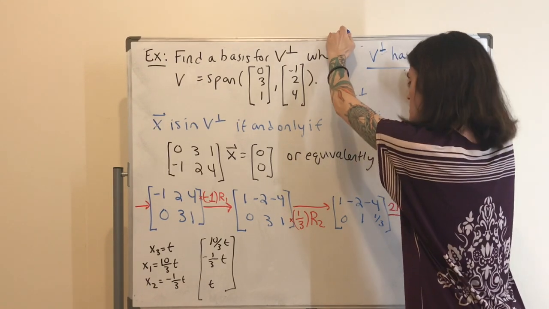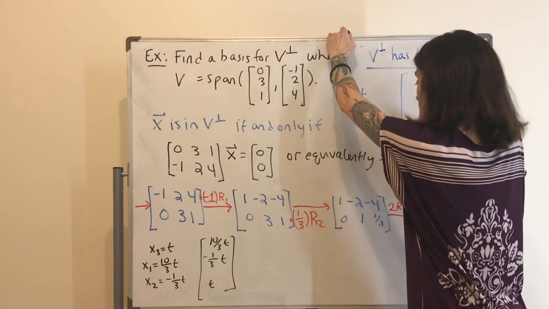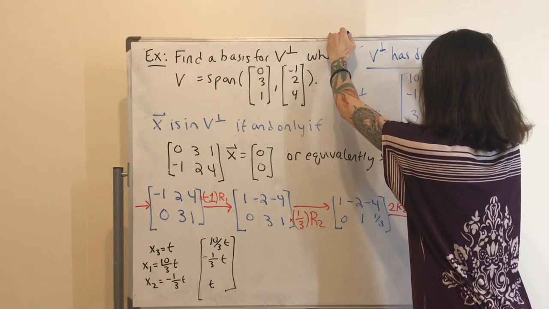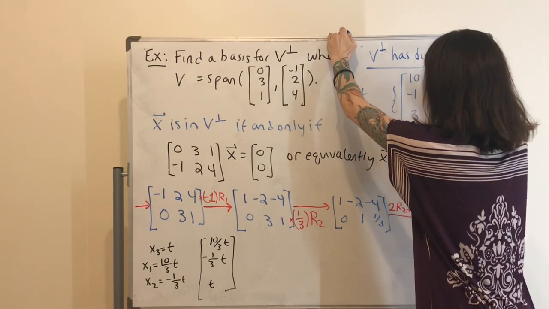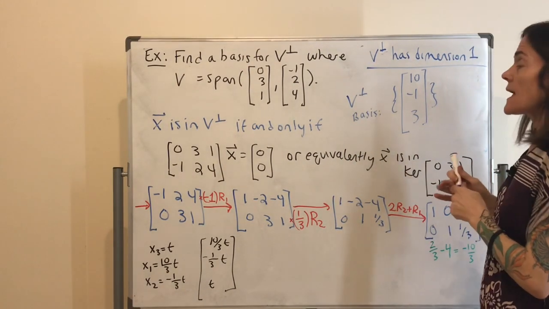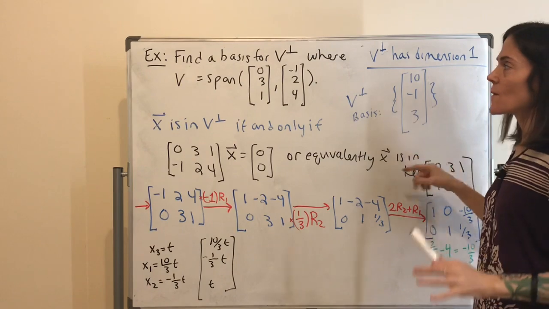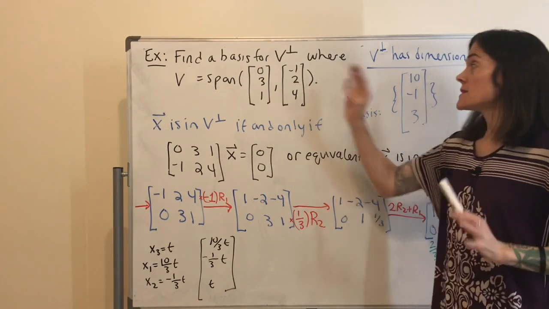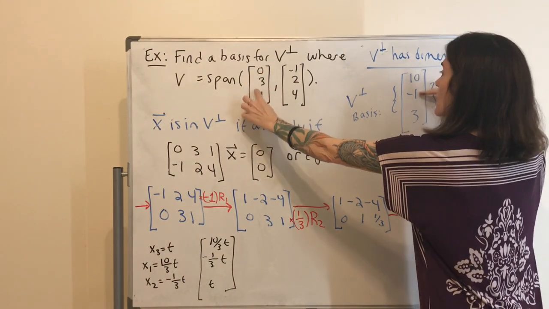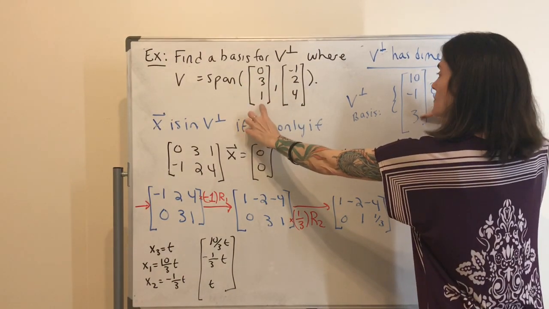I could also just use 10, minus 1, and 3. It sort of avoids having a fraction. And this will be a basis for the orthogonal complement of this V. And in fact, you can check the dot product here: 0. Minus 3 plus 3, 0.